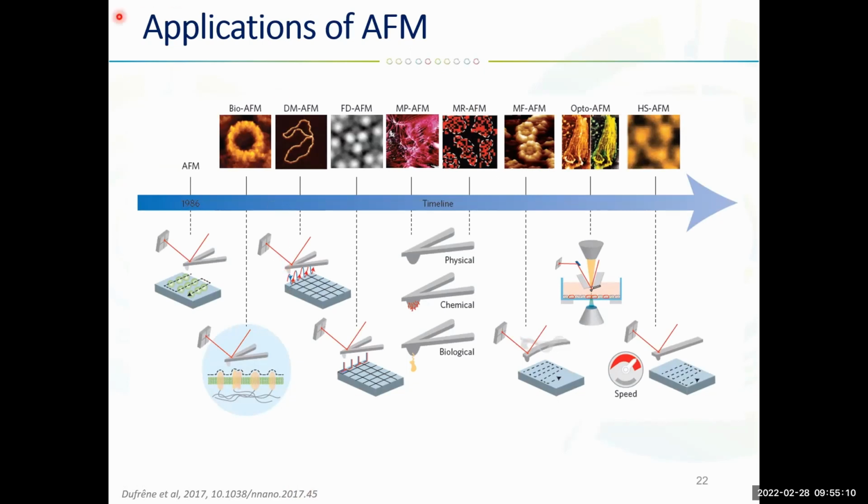So this is the timeline, right? Key inventions developed over the years include an optical system and fluid cell enabling contact mode AFM to operate in aqueous solution, called bio-AFM; a dynamic mode AFM, which oscillates the AFM tip to reduce friction while contouring the biological sample; then force distance curve based AFM, which contours the surface of a biological system while recording pixel by pixel a full force distance curve; and multiparametric AFM, which contours the sample while mapping multiple physical or chemical properties.